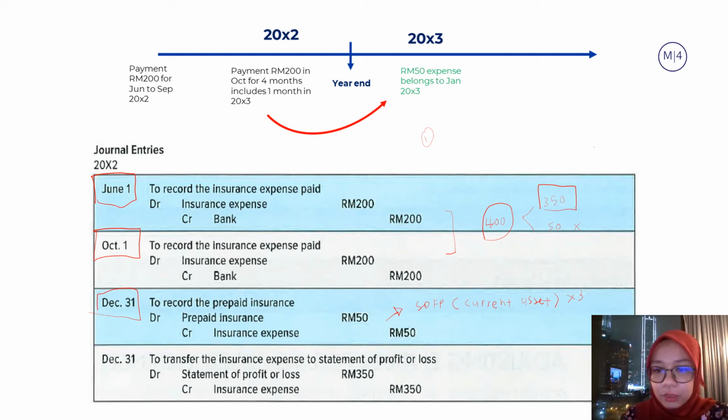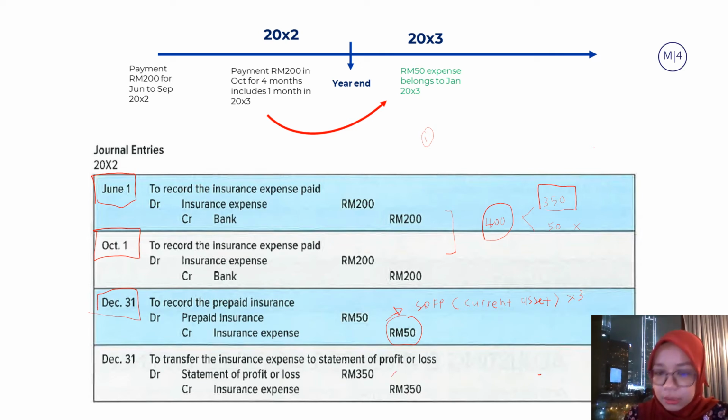So we debit prepaid insurance and credit insurance expense 50 ringgit to reduce the amount, and then we recognize the current year expenses of 350.